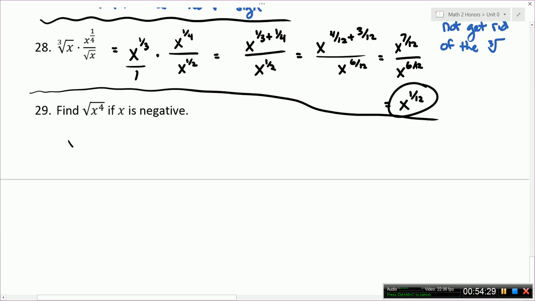Let's let x be -2. So then our problem would be the square root of -2 to the 4th power. And so when we work that out, well, -2 to the 4th power is +16.